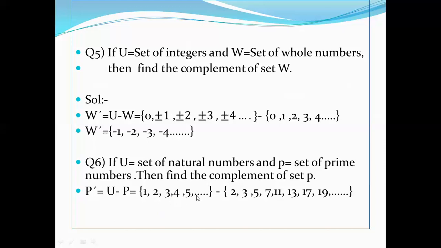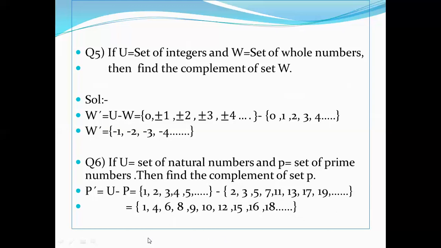Similarly, 6 will not be subtracted; 6 will come in P complement. 7 will be subtracted. 8, 9 and 10 will not be subtracted; they will come in P complement. So P complement is 1, 4, 6, 8, 9, 10, 12, 15, 16 and 18 and so on.